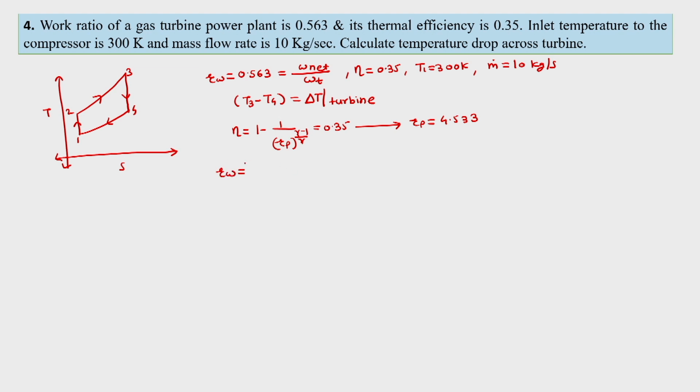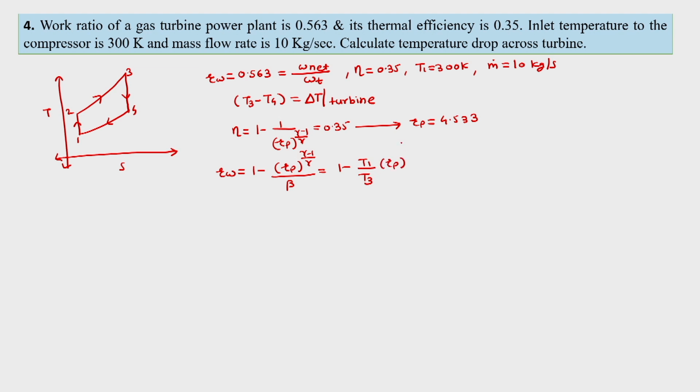We know that Rw is equal to work ratio, and the formula for work ratio of ours was Rp raised to (gamma minus 1) upon gamma divided by beta, where 1 upon beta is T1 upon T3.